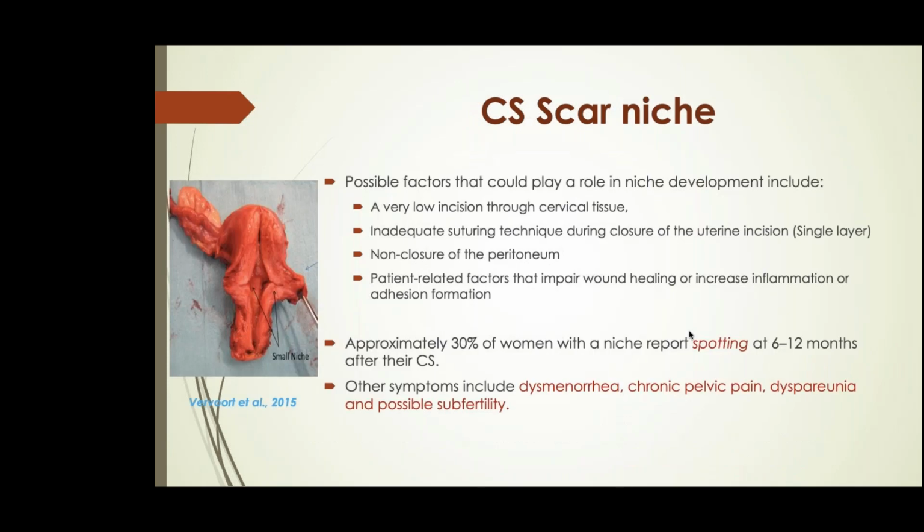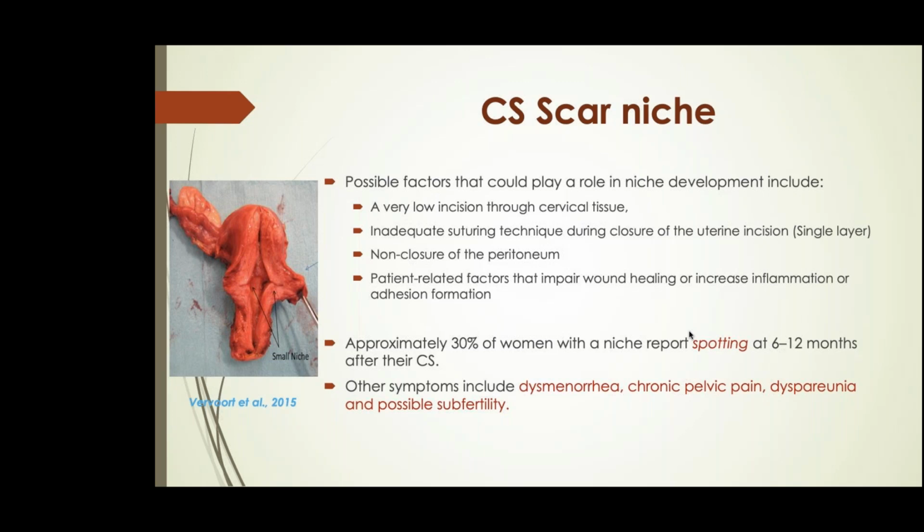But why is this niche formed? There are different possible factors that could play a role in the niche development, including a very low incision through the cervical tissue. If we open the cesarean section very low, it can result in such formation of the niche. Another factor is inadequate suturing technique during the closure of the uterine incision.